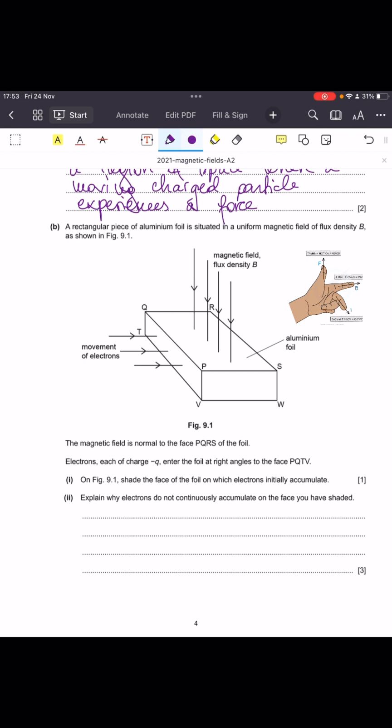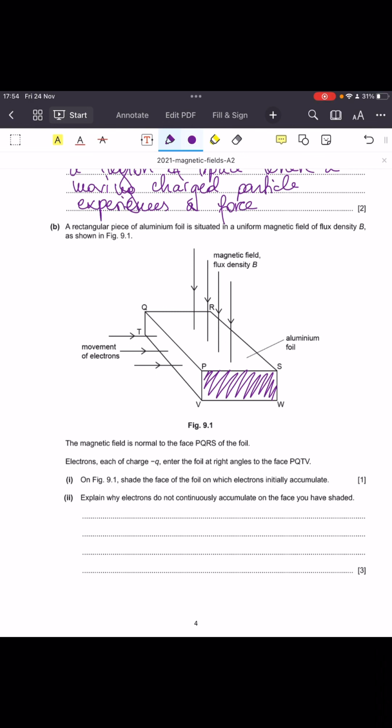Now, because you have electrons, remember the electrons move in the opposite direction of the electric current, so your second finger should point in the opposite direction to the movement of the electron. So the first finger pointing downwards and the second finger pointing from right to left, and you will see that your thumb points towards you, it points towards face PVWS, and this is the face on which the electrons initially accumulate.